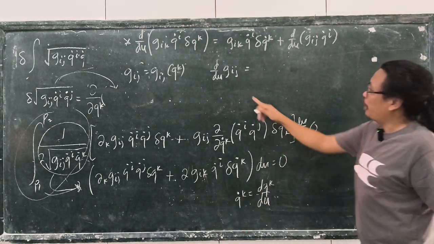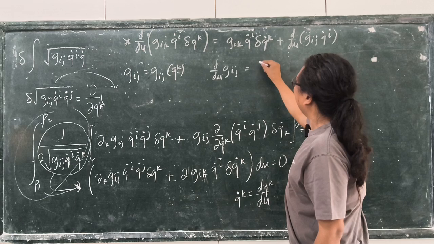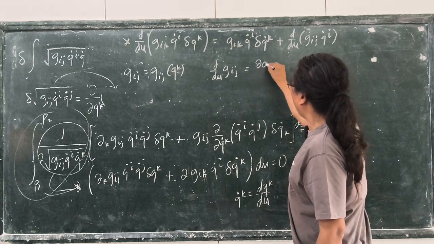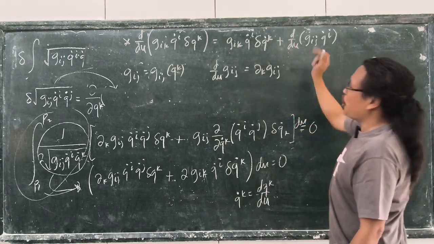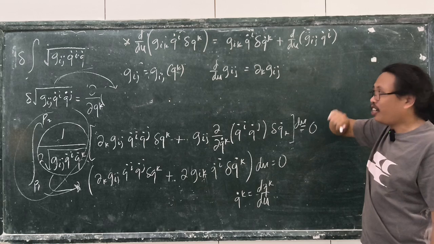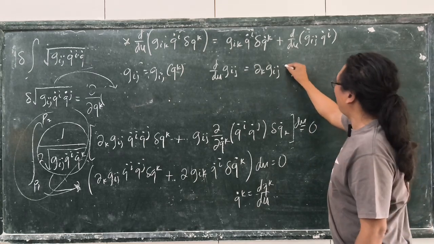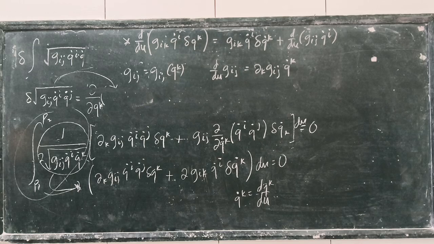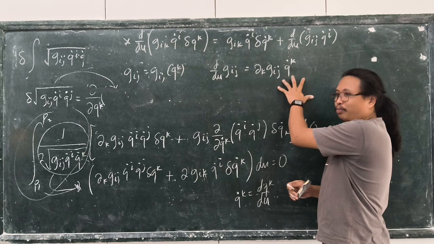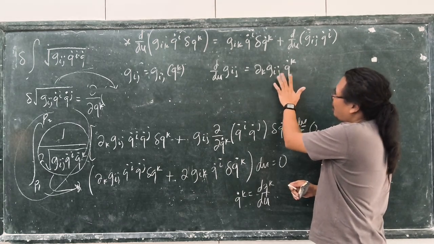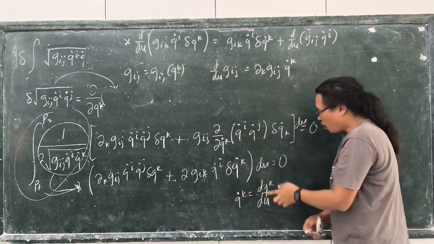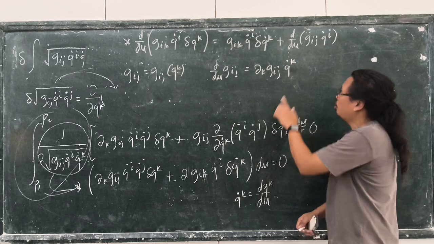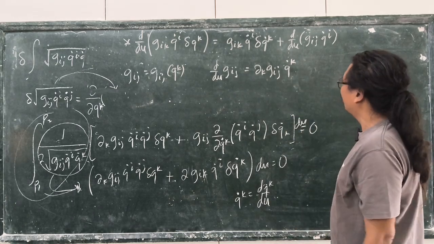So this is partial Gij over partial QK times dQK over du, right? Partial differentiation. So you have this one.